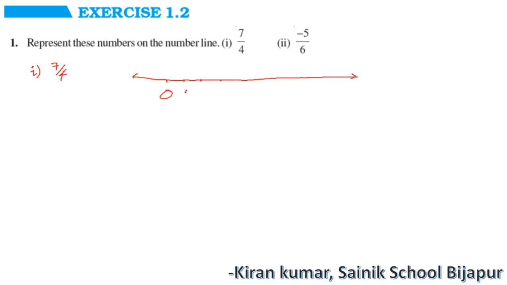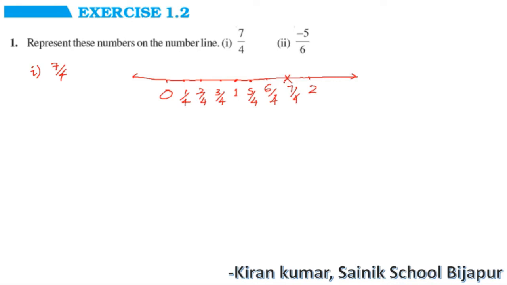So the first part here is 1 by 4, the second part is 2 by 4, the third is 3 by 4, and the fourth part itself is 1. Likewise, we'll continue. The next part will be 5 by 4, next is 6 by 4, next is 7 by 4, next is 8 by 4, which is the same as 2.